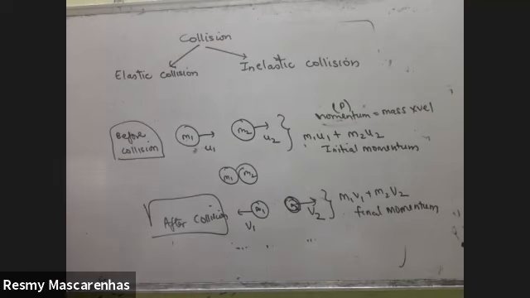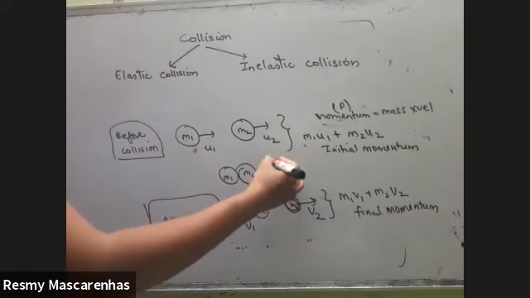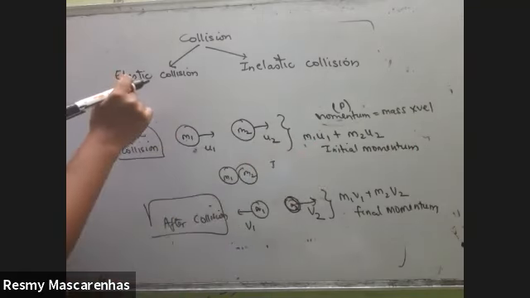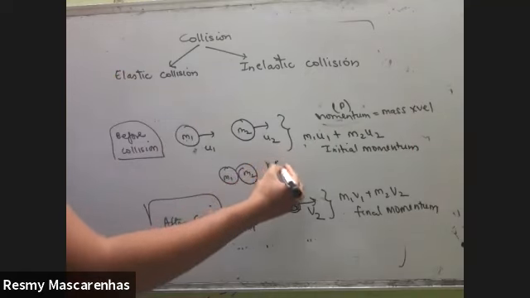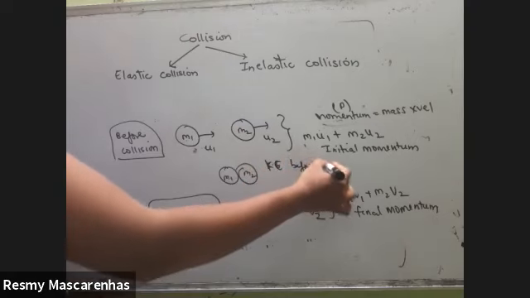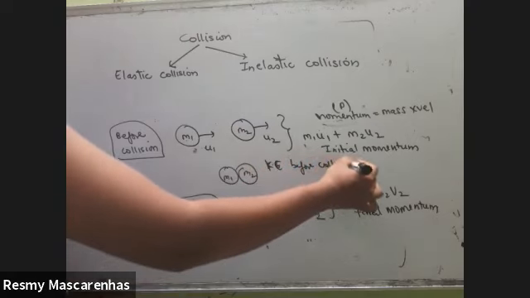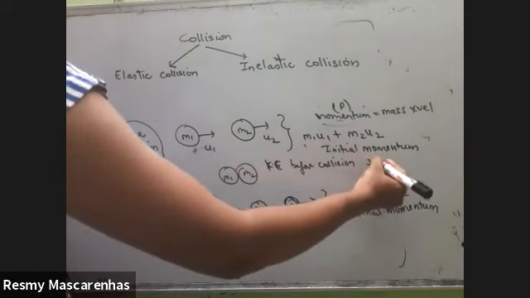Okay, so what happens is basically, somewhere on the side you write this. Same way, kinetic energy before collision would be half mv square.